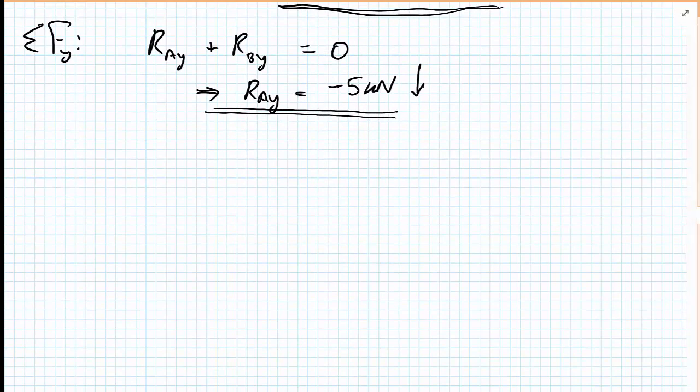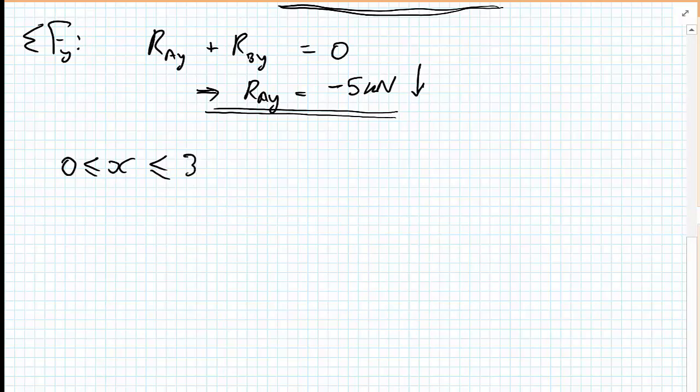For the first section, the value of x can go from 0 meters to 3 meters, where I'm measuring x positive to the right from A.